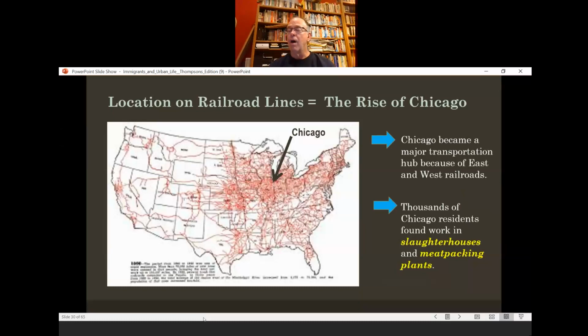There are hogs and cows being raised in the Midwest, and they are being put on trains and going into Chicago. And as you see in the second arrow there, that Chicago becomes a major center for meat packing and slaughterhouses.